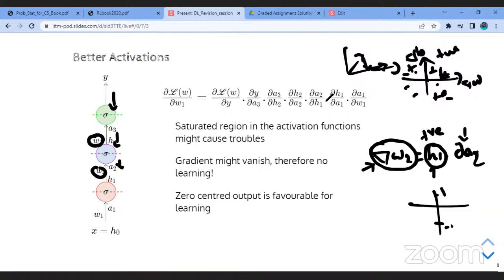What I suggest is that you see how this ∂H1/∂A1 changes, and not focus on the parameters associated with these neurons. This diagram itself is sufficient.